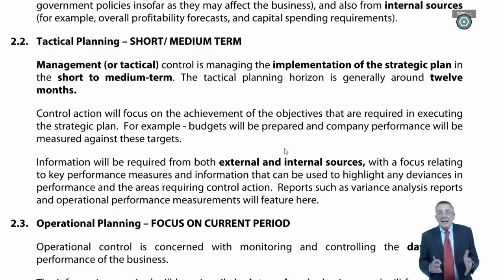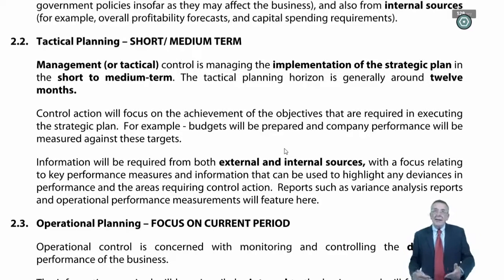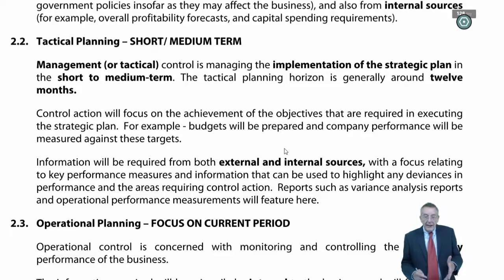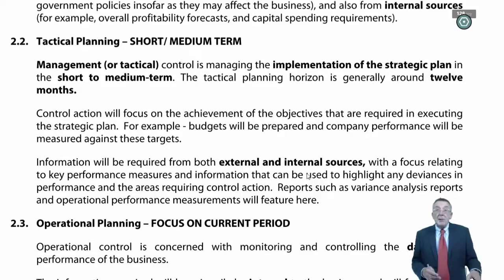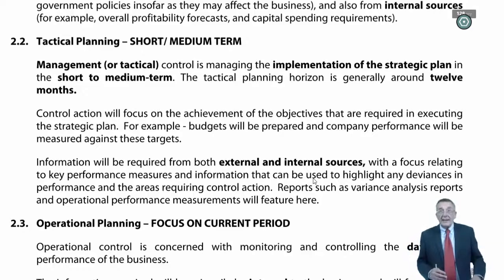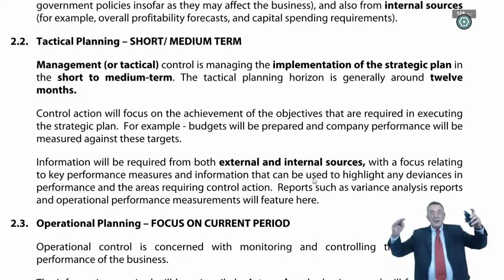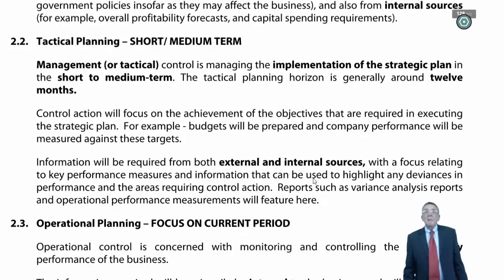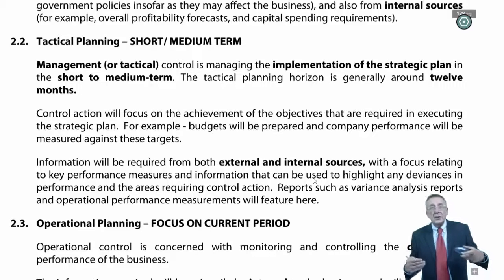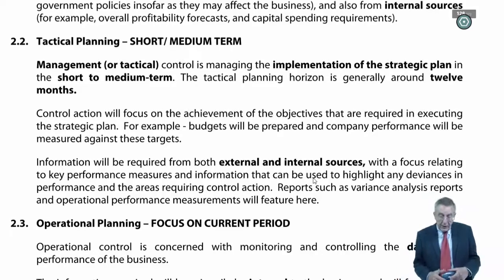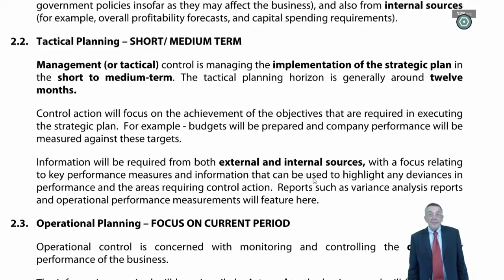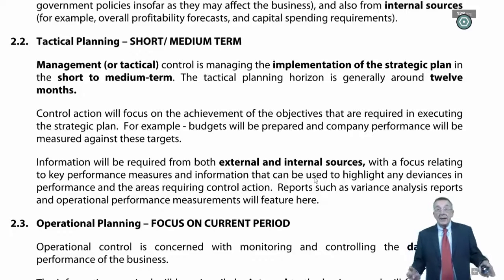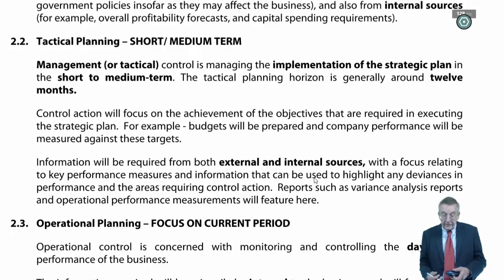Now we can look over the coming year in detail as to how it impacts, and make our plans for how we're going to start achieving it next year. That sort of decision tends to be made by middle management. Top-level management make the long-term plans and, in a sense, pass them down to middle management, who are in charge of doing short-term plans to implement the strategy. They'll need information, both external and internal, in order to start doing things like the budgets.